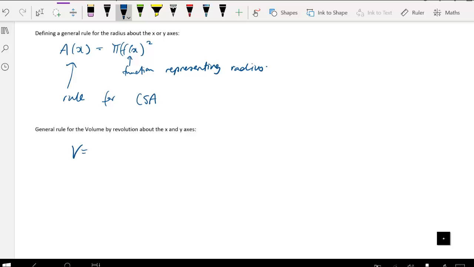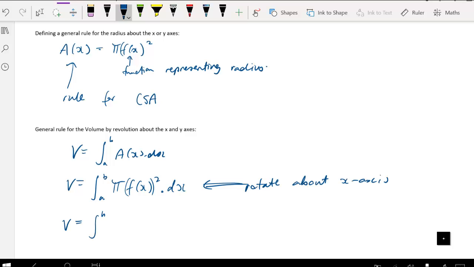We can say that the volume is the integral between b and a of our cross-sectional area with respect to x. And so that means that our volume will be the integral between b and a of pi f of x squared with respect to x if we're rotating about the x-axis, and it will be the integral between b and a of pi f of y squared with respect to y if we're rotating about the y-axis.